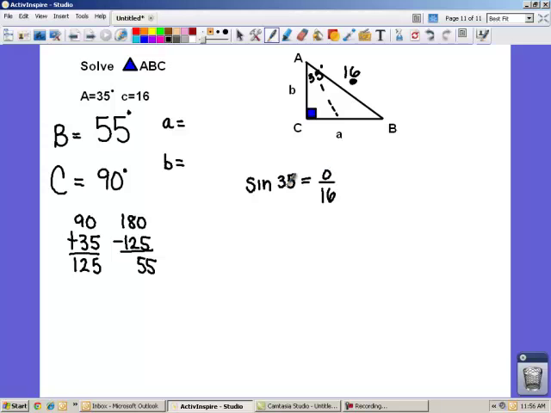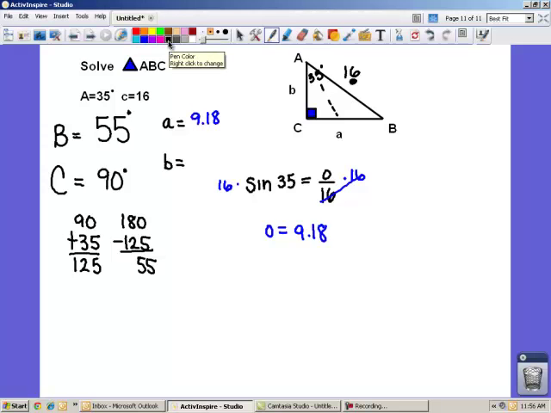If we had 30 degrees here, we could look at that chart, but we have 35. So we're going to have to do it a different way. We're going to multiply both sides by 16. So in your calculator, you're going to type 16 times sine of 35, and that will give you the opposite side, which is around 9.18. So 9.18 is going to be your letter a.